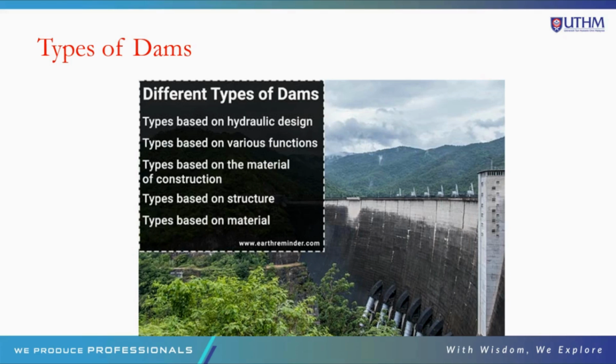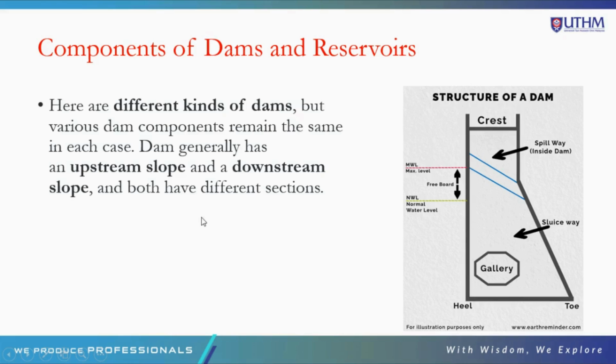Okay, we consider the types of dam. Usually the different types of dam are based on hydraulic design, on various functions, on the material of construction, and on the structure. For the components of the dam, there are different kinds of dam.